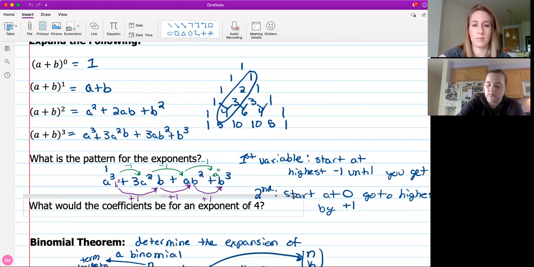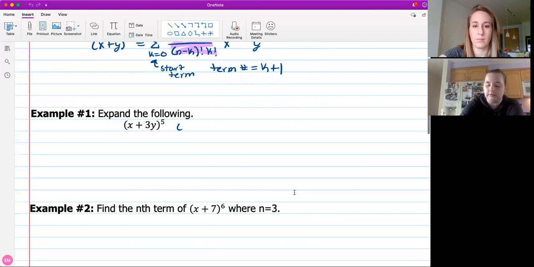So let's see, this row right here would be our coefficients for this one because that's row 5. So our coefficients are, and sorry guys, sometimes I forget that you guys can't see my screen that I'm writing on. 1, 5, 10, 10, 5, 1.